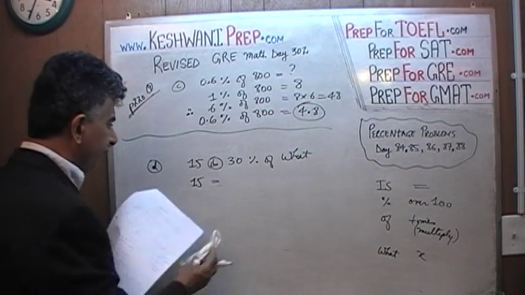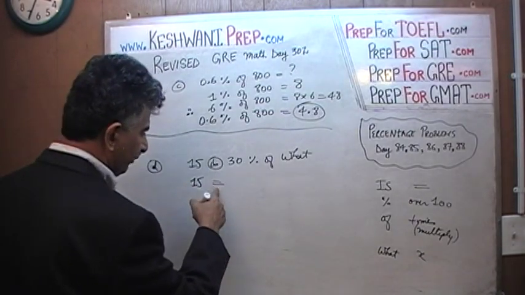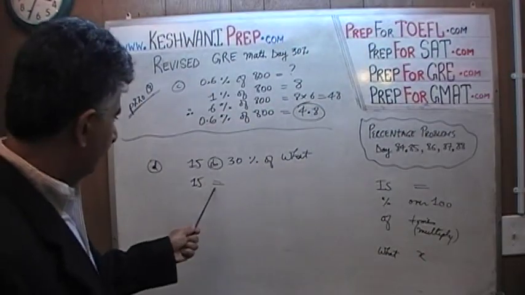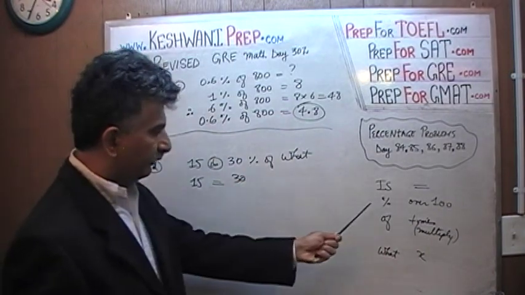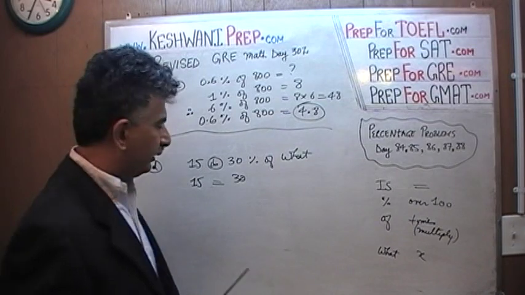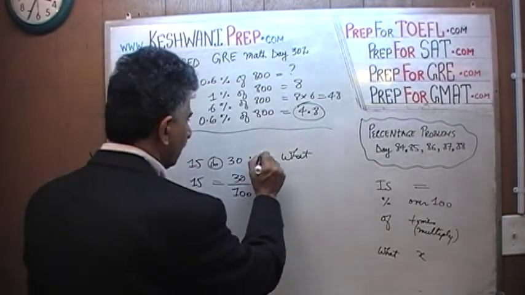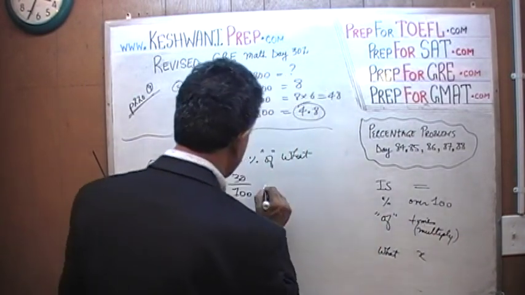So here, 15 is means equals 30%. Percent means over 100. Percent literally means per 100. 30% means 30 over 100. Of means times.